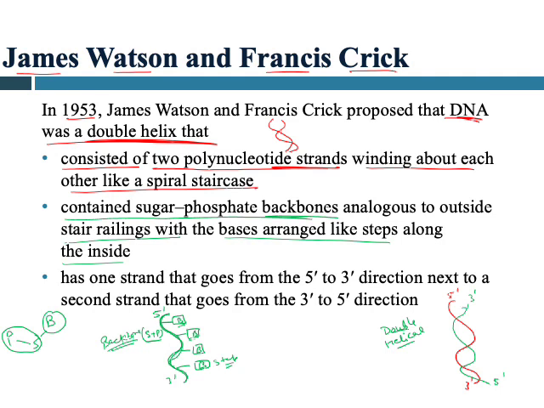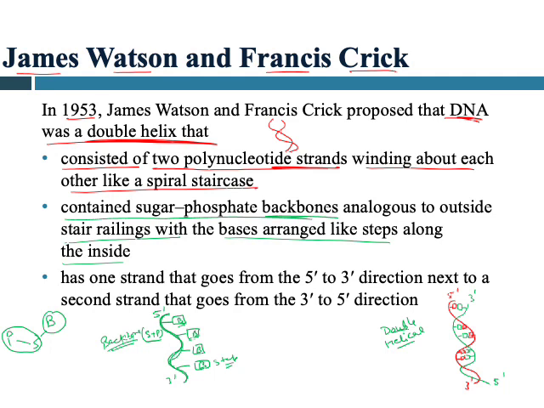This is a base coming from the green polynucleotide strand. This is a base, and similarly red also has bases coming out, right? So the bases are present within the polynucleotide chains, right? Like stairs.